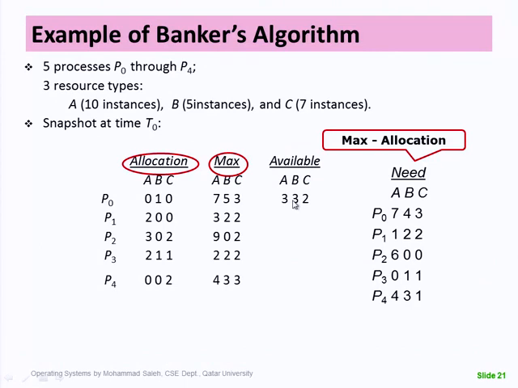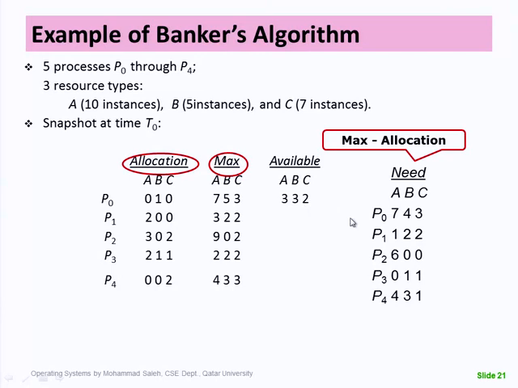But that doesn't mean there isn't an execution sequence. I can try to finish another one and then get back to P0, because when I finish one process, I claim back the resources that it was using, right? For example, P1 needs 1 resource of A, 2 of B, and 2 of C, and we already have them in the system, which means it can finish.